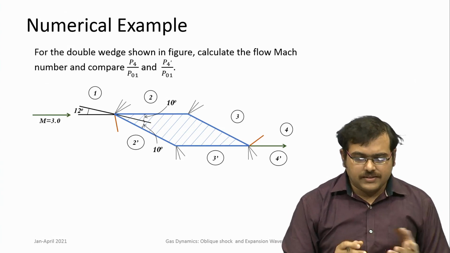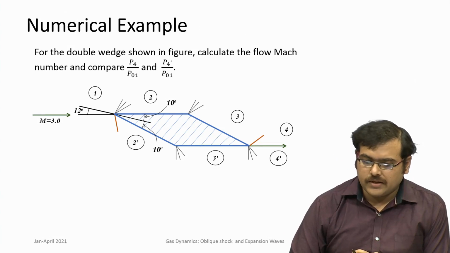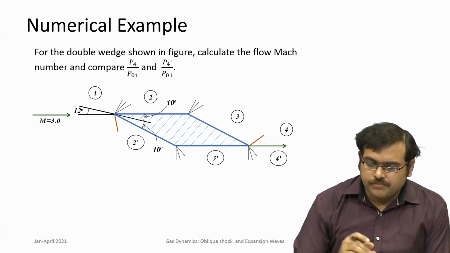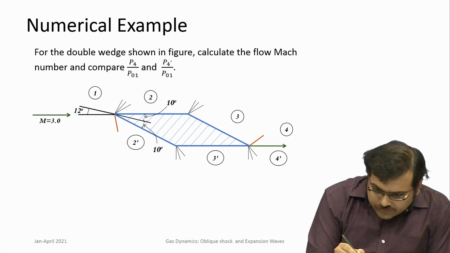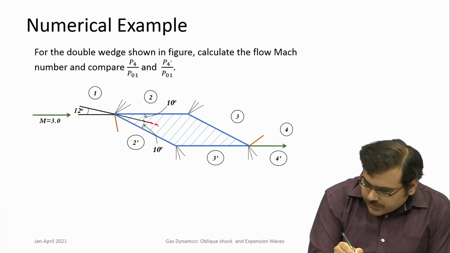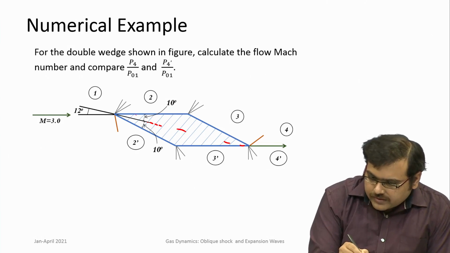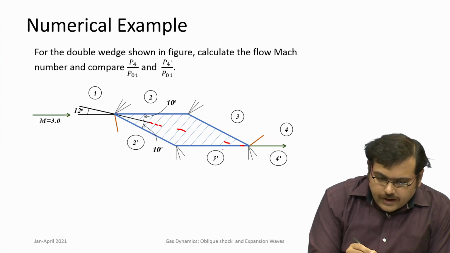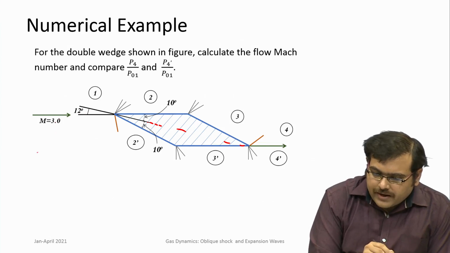So, with this let us try to solve one problem. We have a diamond shaped airfoil here, and this is the symmetric line. The angle is 10 degrees for this diamond, and it is facing a flow of Mach 3 with an angle of attack of 12 degrees.